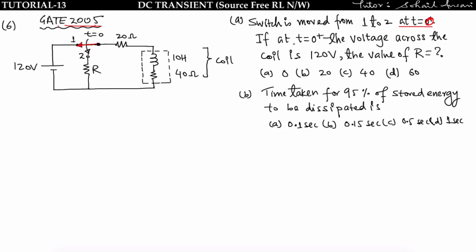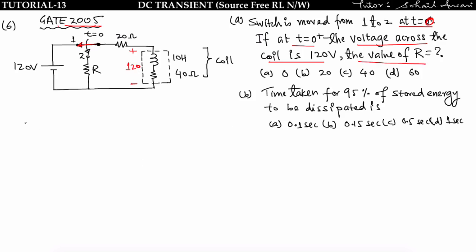It is saying that at t = 0 plus, the voltage across this coil is 120 volt.